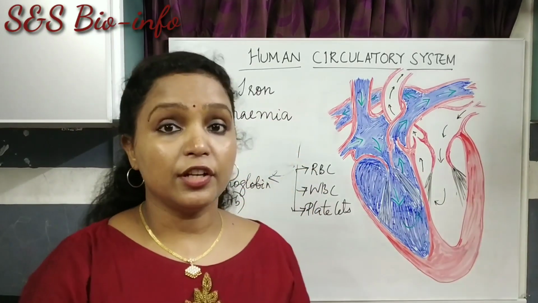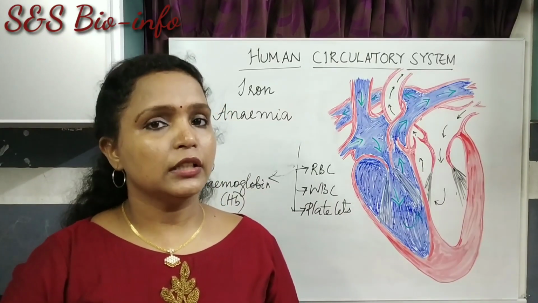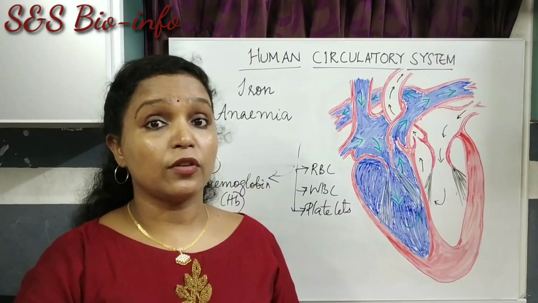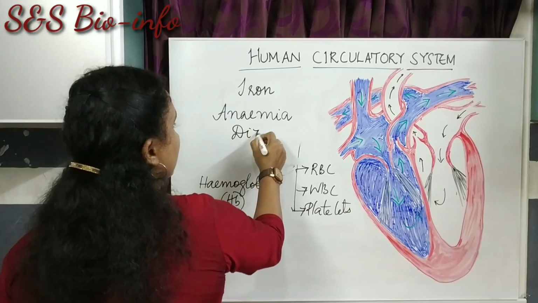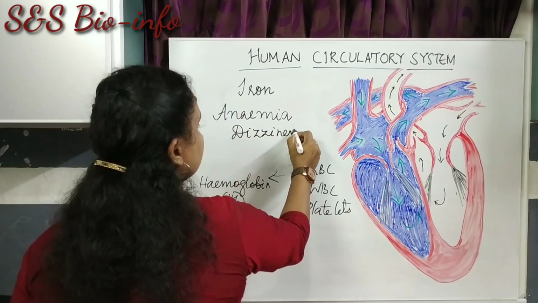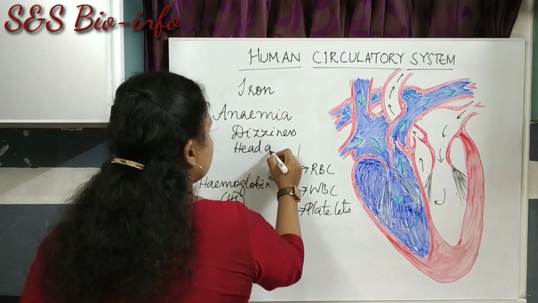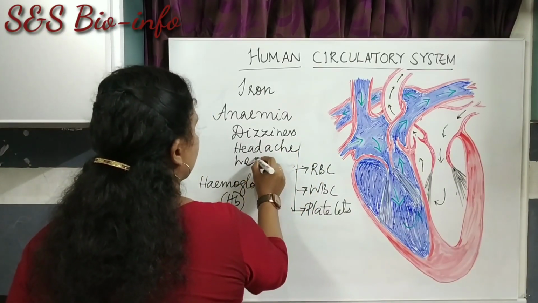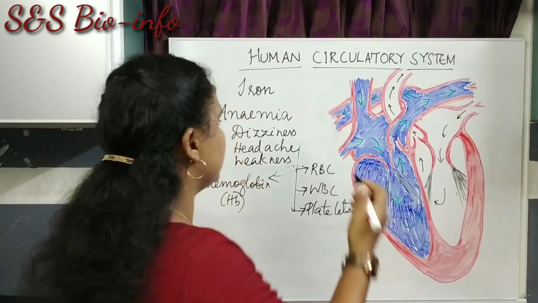That means the deficiency of iron leads to less production of hemoglobin in the body, which leads to a disease called anemia. The main symptoms of anemia are dizziness, headache, weakness, and irregular heartbeat.